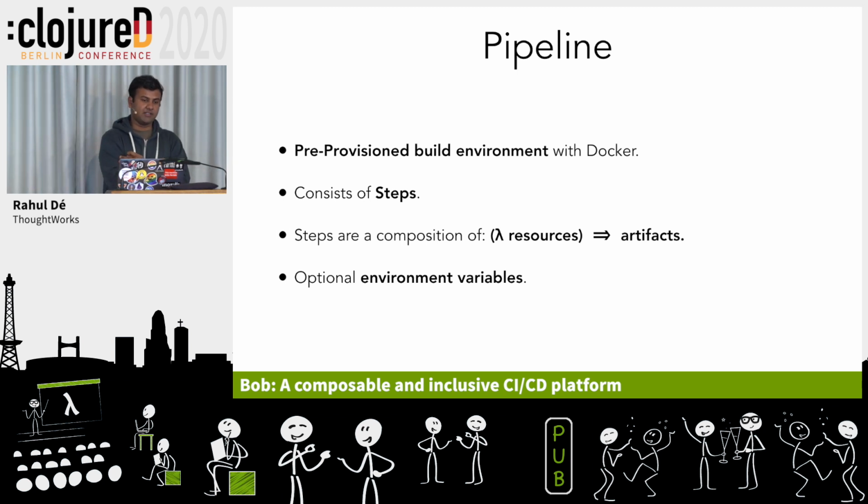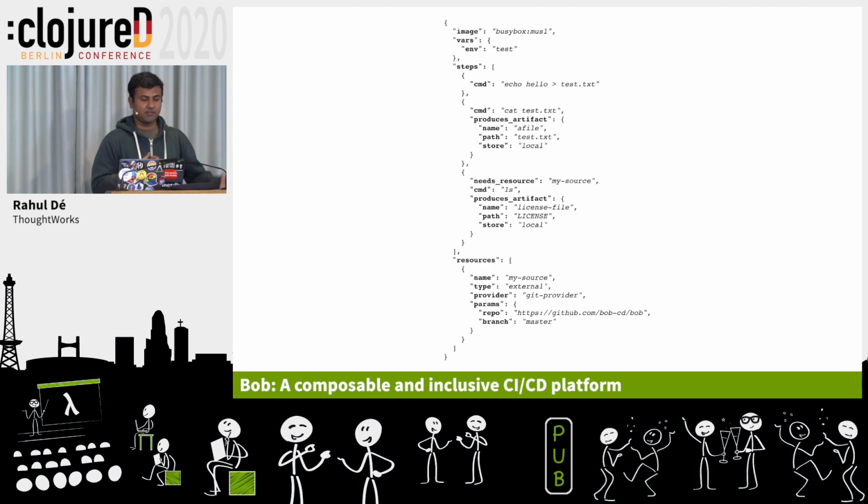So coming to a pipeline, it's a list of steps, and a step is a function of resources to artifacts. And that's all a pipeline should ever be. There's nothing else, and if you want some external environment variables, right? So here's an example of Bob's internal data representation. Hopefully it's readable to everyone. It's not something that you write, it's something that you make a post request to Bob with.